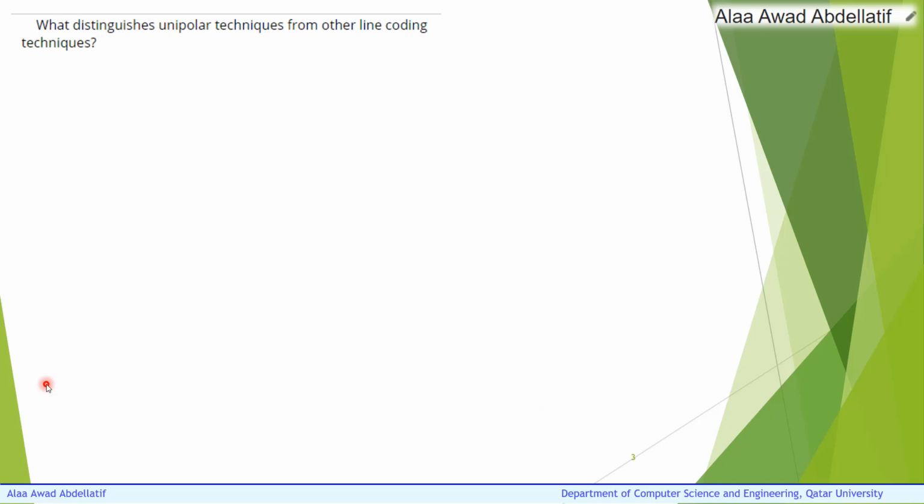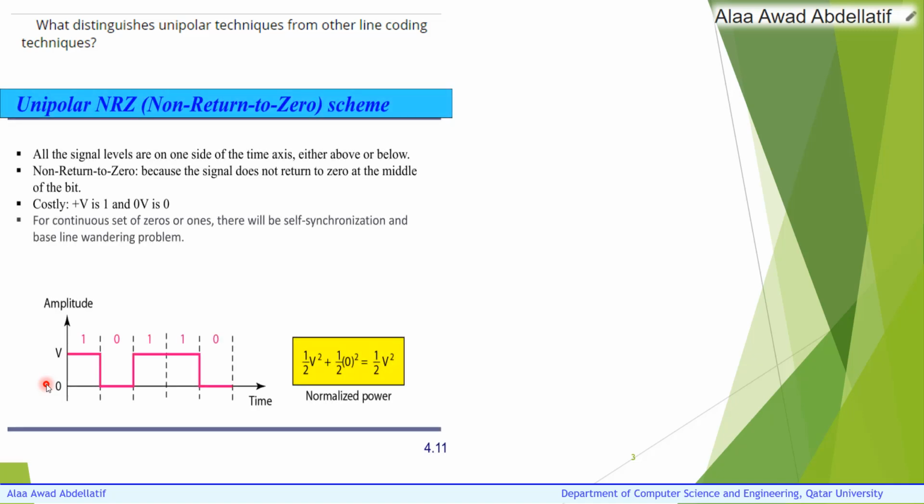What distinguishes the unipolar technique from other line coding techniques? What's unique in unipolar? Or in another way, what's the difference between unipolar and bipolar? In unipolar, we send the data on one side of the axis, so the signal can take zero or positive voltage. One takes positive voltage and zero takes zero voltage.